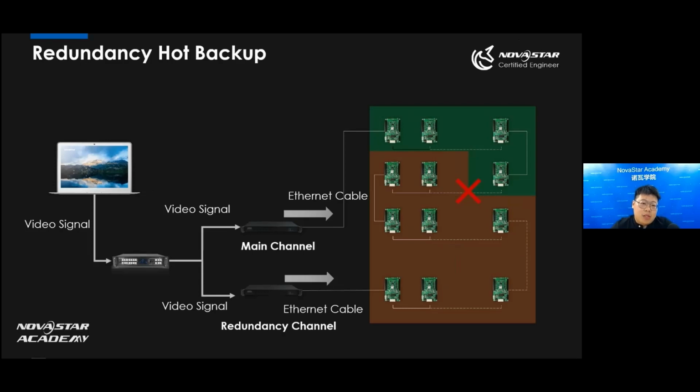So the video source will go to another sending card and transmit the data by redundancy channel. So this is the principle of backup. We can see the signal come back and the LED screen will show the image as normal.